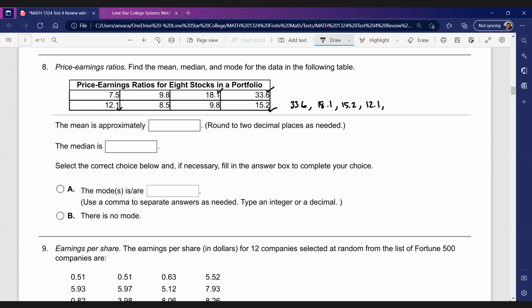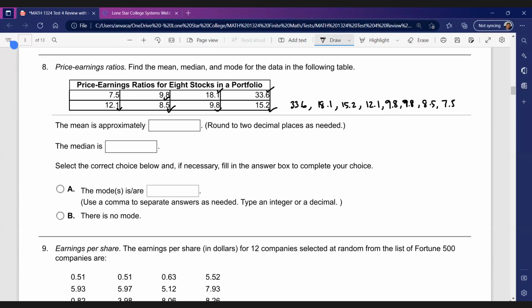Then after that we've got two 9.8s. So 9.8, 9.8. I'm going to check that. Now we have an 8.5. And finally a 7.5. Just going to double check that I have 8 data items: 1, 2, 3, 4, 5, 6, 7, 8.